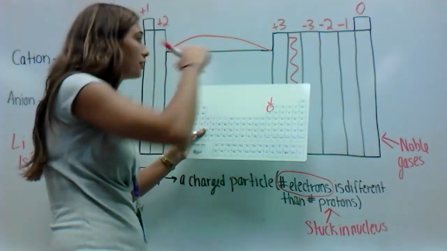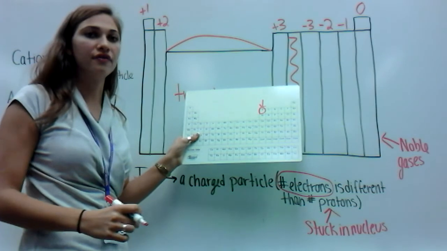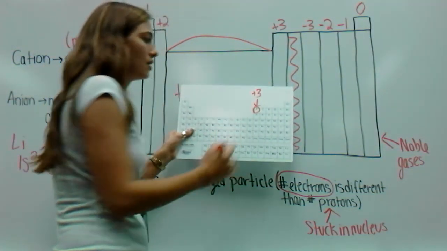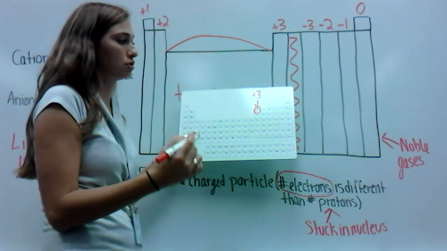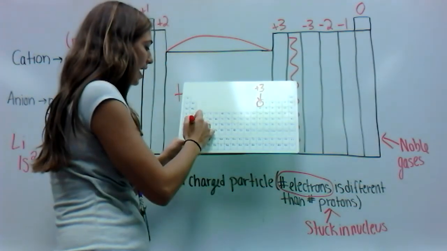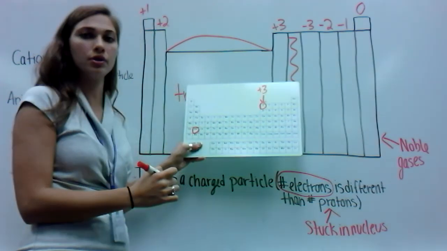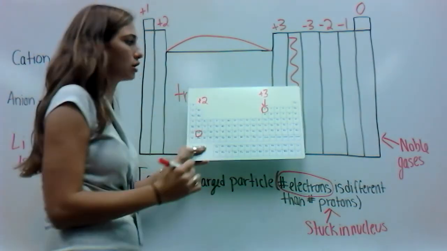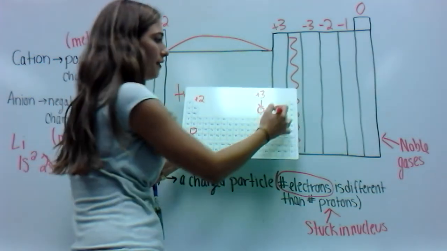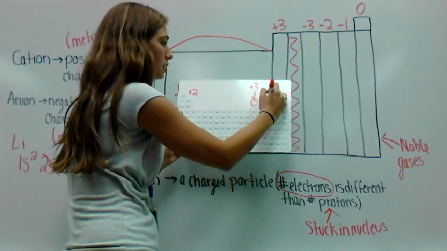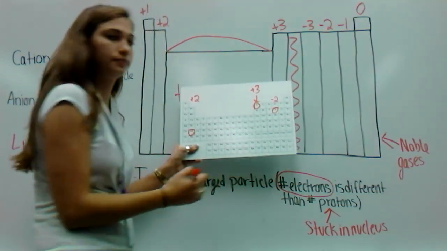You'd have to think about your charges and your filled shell and say, if boron was an ion, it would have a +3 charge. If I had barium, what would the charge on that be? It would be a +2 charge. If I had sulfur, the charge on that would be -2.